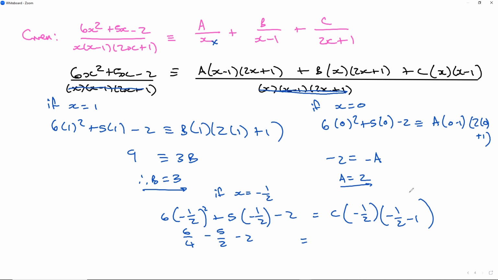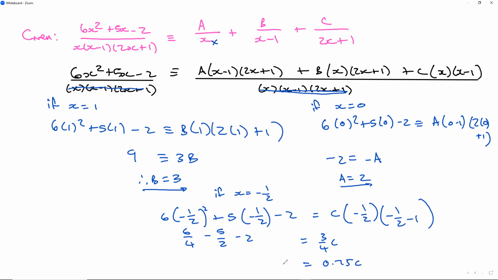Equals this. I'm going to put that on a calculator. So it's going to end up with negative 0.5 times negative 0.5 minus 1, which is 0.75, or 3 over 4, so 3 over 4 C, or 0.75.